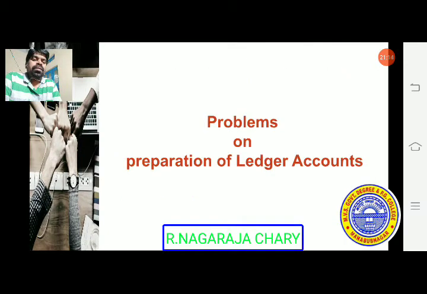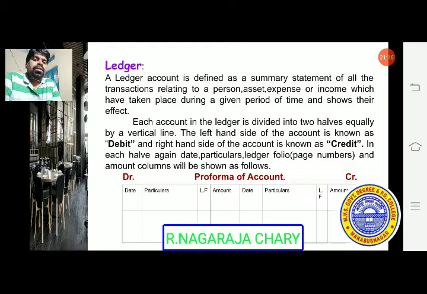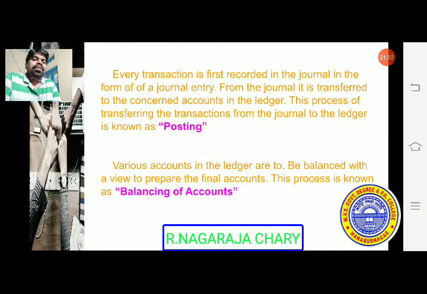What is the meaning of balanced here? On debit side we may write some activities, on credit side also we may write some activities. Those activities are to be balanced. So, after balancing we have to prepare the trial balance.